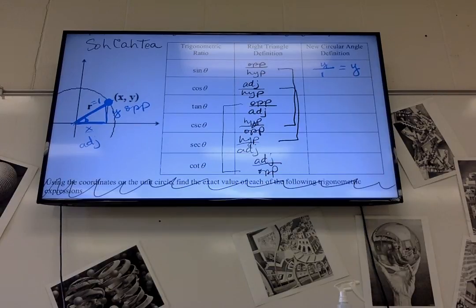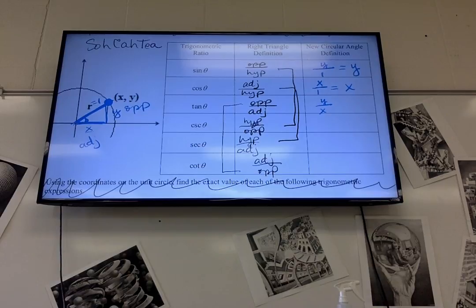For cosine, it's adjacent over hypotenuse. So that's x over 1. Tangent is opposite over adjacent. So that's y over x. How do I find cosecant? Flip it.